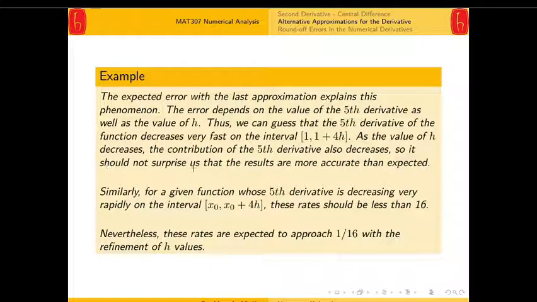So it shouldn't be surprising that the results are more accurate than expected, because the fifth derivative of the function is decreasing very fast on this interval. Similarly, for a given function whose fifth derivative is decreasing very rapidly on this interval, these rates should be less than 1 over 16. So this is something we expect.